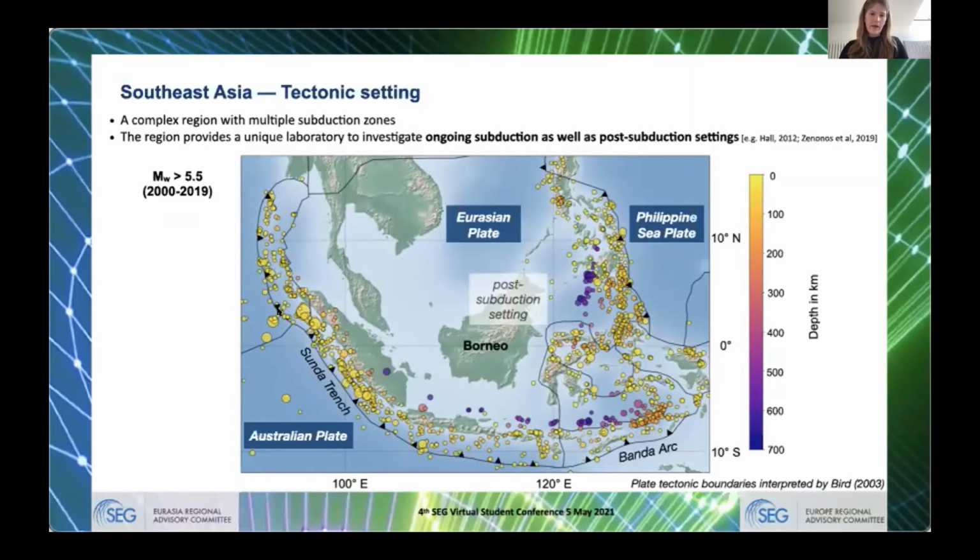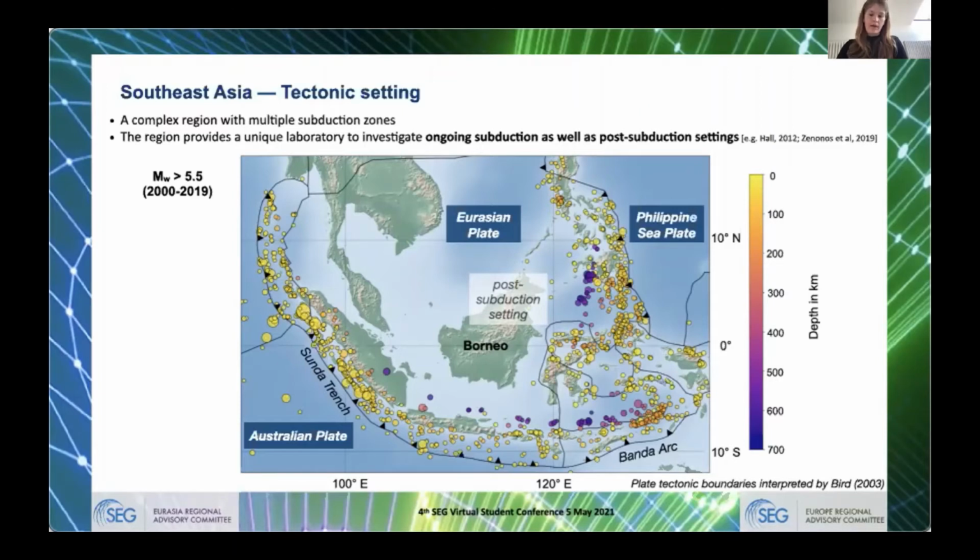So in the west, large magnitude earthquakes are generated by the Australian plate subducting beneath Indonesia. And in the east, we observe deep events with depths of up to 700 kilometers indicated by the dark colors, and a complex configuration of minor tectonic plates. I'm plotting Bird's plate boundaries here, but there is no definite answer as to the number of tectonic plates and where their boundaries lie.